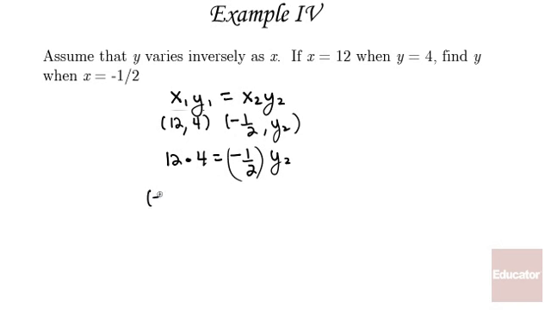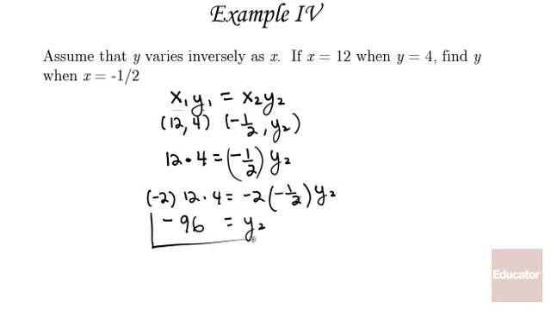So it's going to give me -2 times 12 times 4 equals -2 times -1/2 times y2 to isolate the y over here. This is going to cancel out. So I'm just going to be left with 1 times y2, or y2. -2 times 12 is -24, times 4 is -96. So y2 is equal to -96.